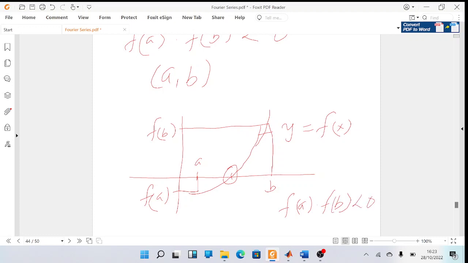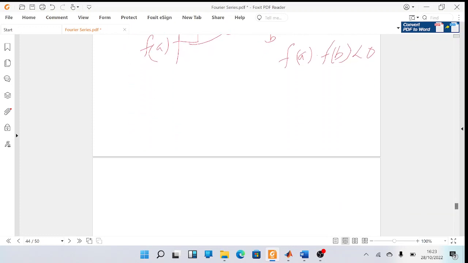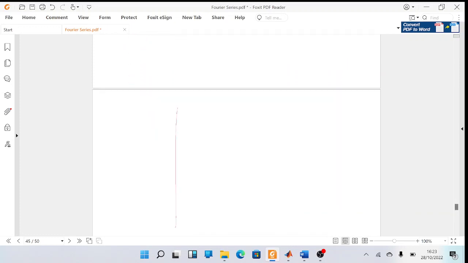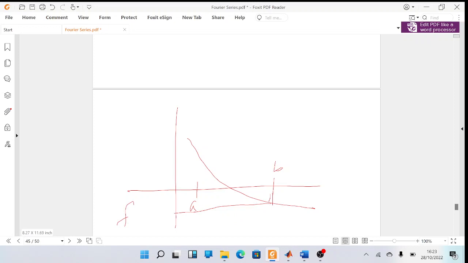And also we have a second case where the curve is of this form. We locate a somewhere here and b somewhere here, and in this case f(b) will be negative and f(a) is positive. So again, f(a) times f(b) is less than 0.